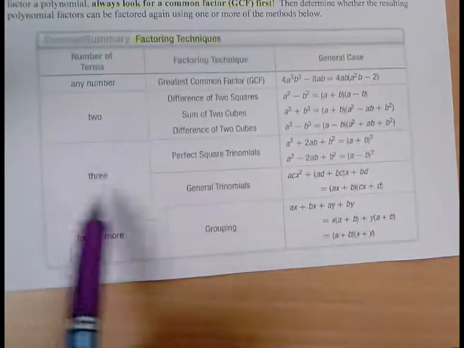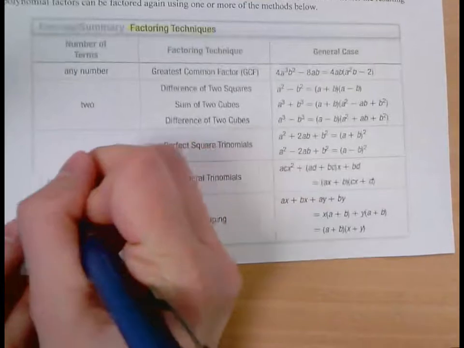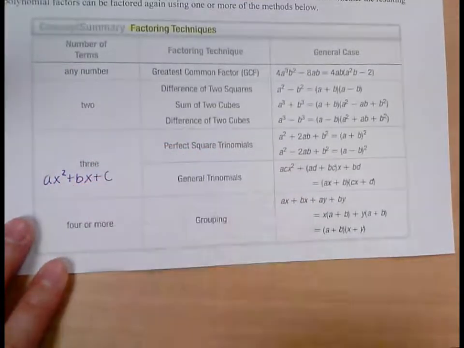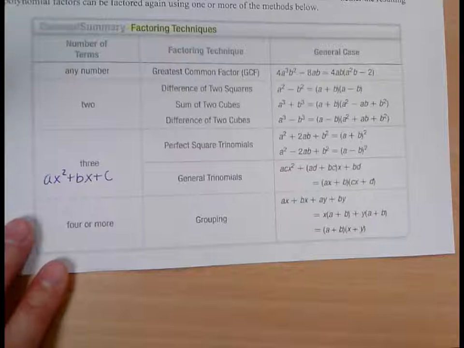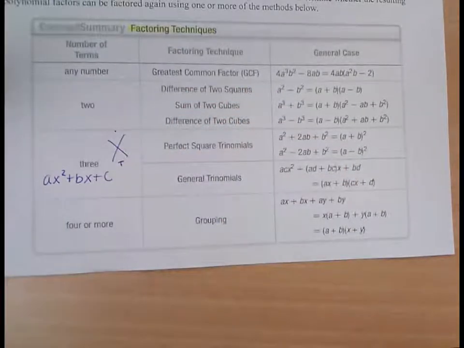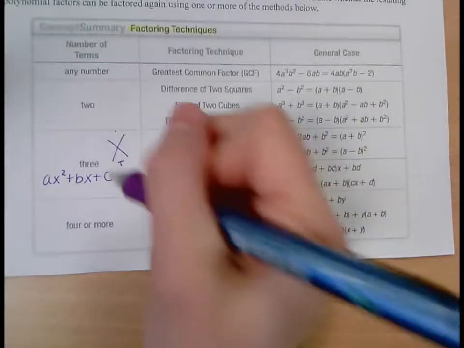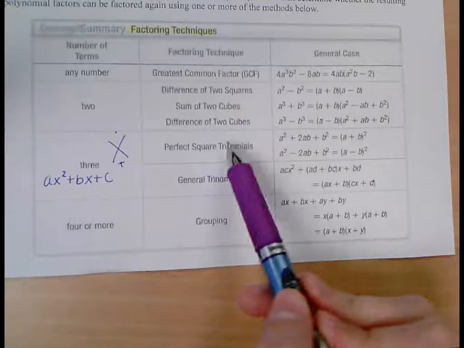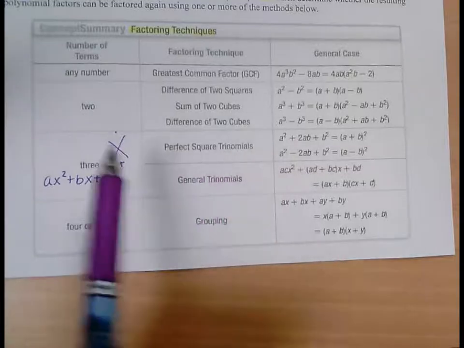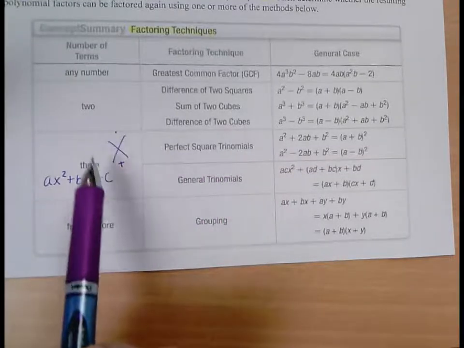If you have 3 terms in the form ax squared plus bx plus c, it is a trinomial. You should factor using the diamond, or if you like to guess and check, using guess and check. Okay. Now there are perfect square trinomials. That's a very specific method for a specific type of trinomial, but you can still factor perfect square trinomials this way.